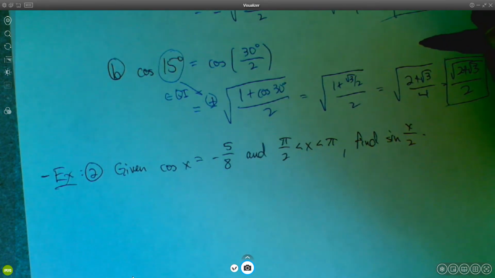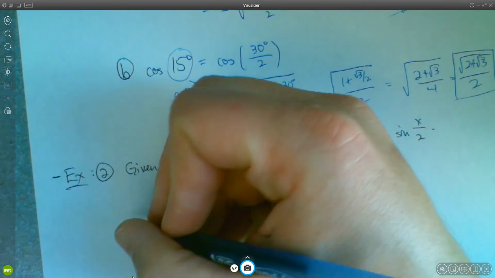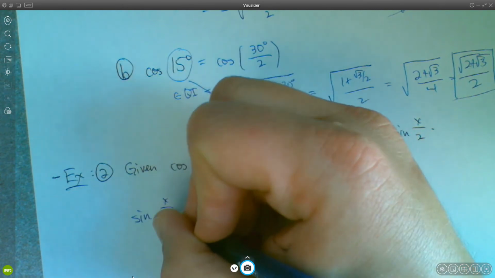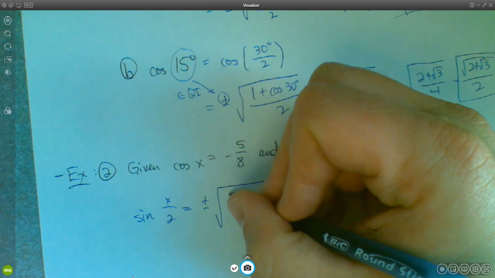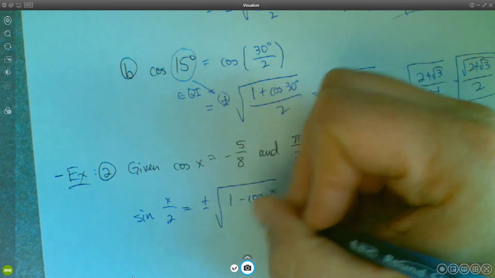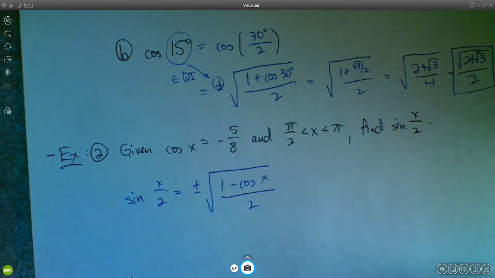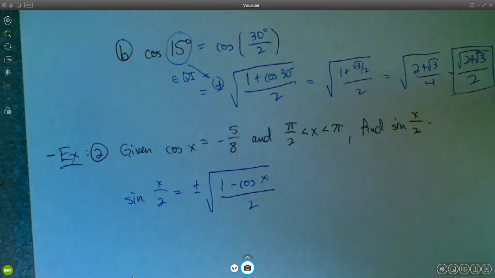Okay, so here we go. We can describe sine of x over 2 in terms of cosine. That's just straight up half angle identity right there.